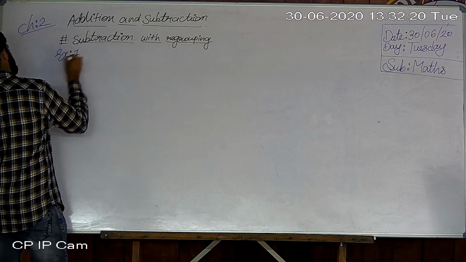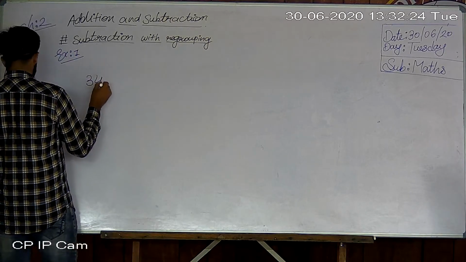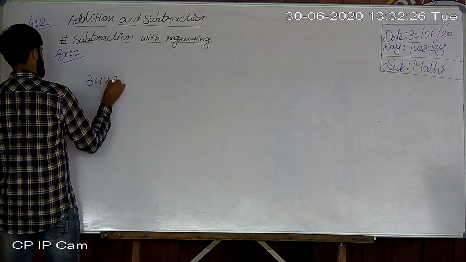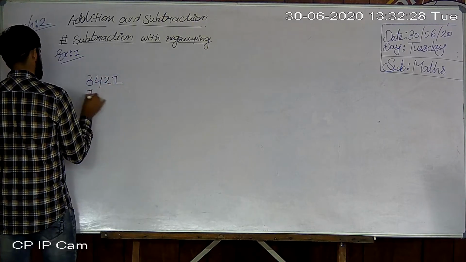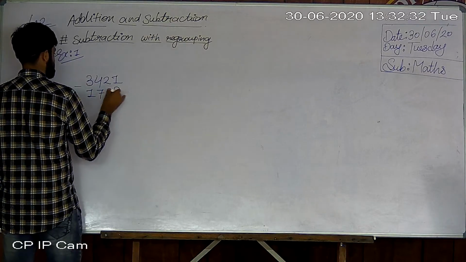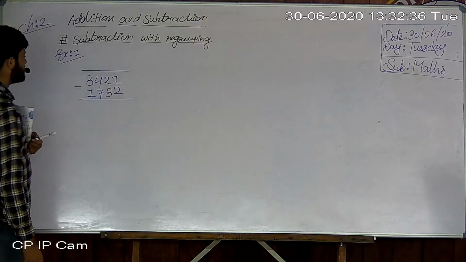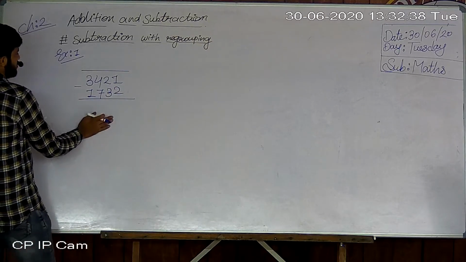Example number 1: 3421 minus 1732. So students, now let's solve this sum.